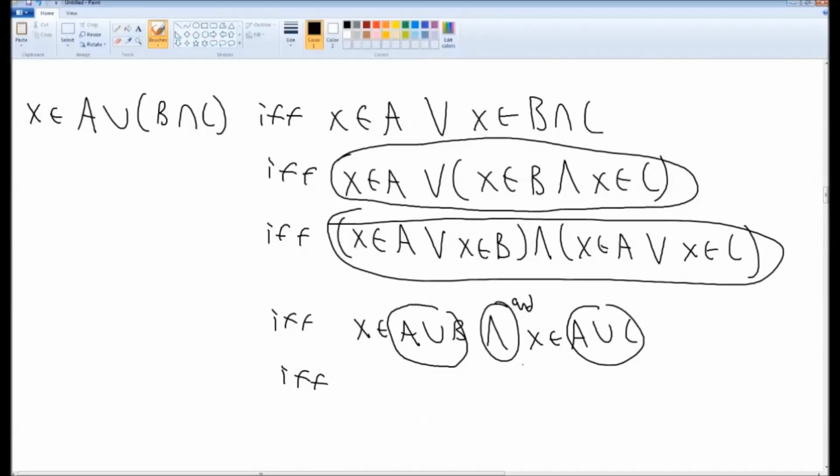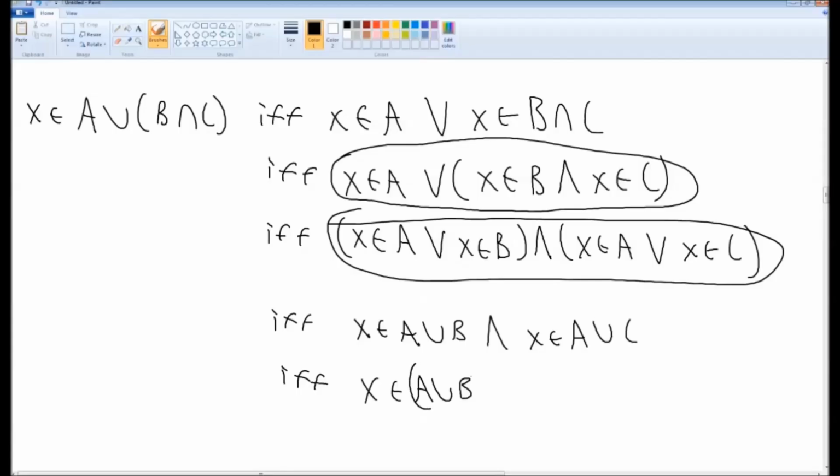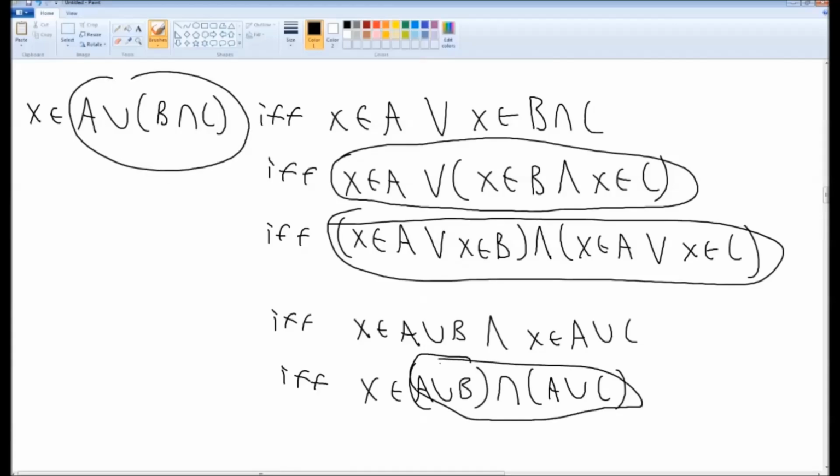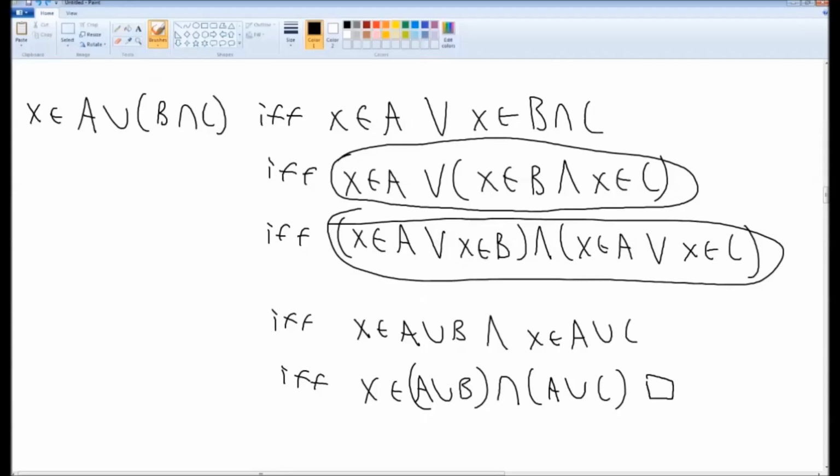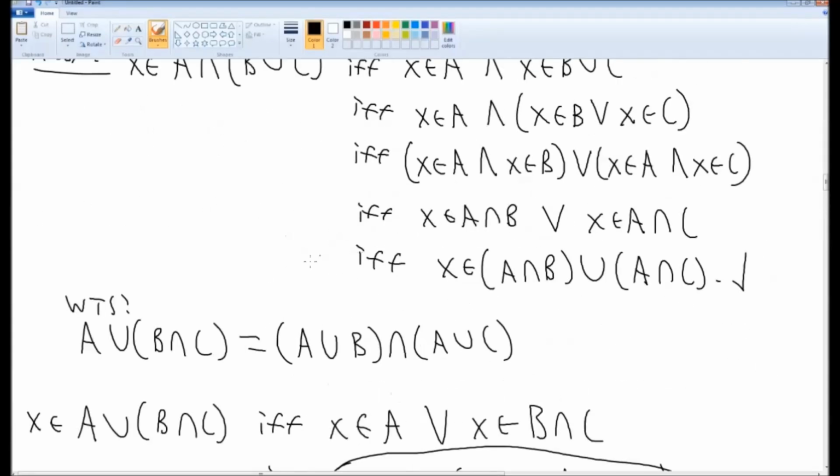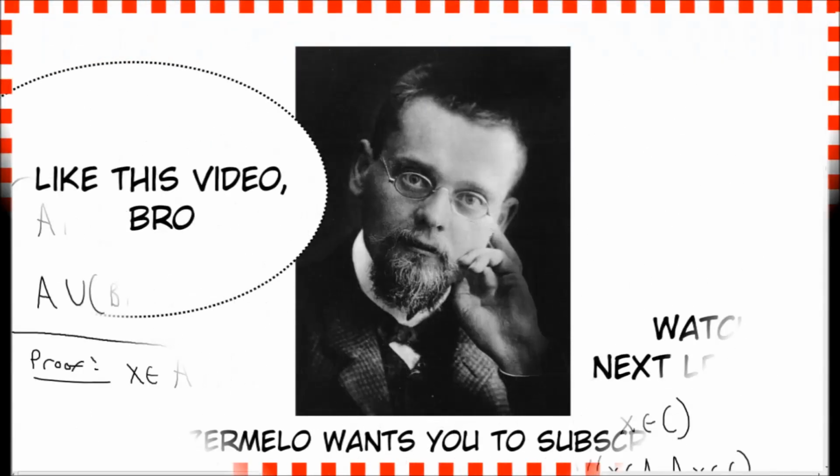And is the same as saying you're in the intersection of those two sets. So this is the same as saying X is in A union B, intersect A union C. And so, hey, what do you know? These two sets have the same elements. So by the axiom of extensionality, they must be equal. So that proves our two distributive laws.